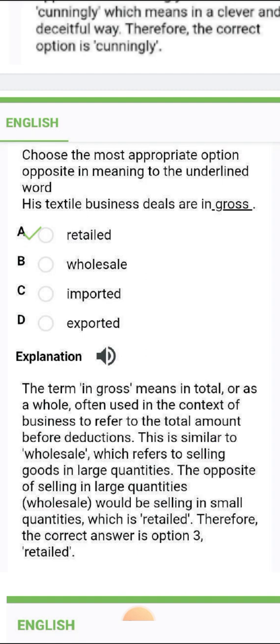It's very, very important. So the next one is engross. Gross means retained. That is the opposite. It's not the meaning, it's the opposite. The term gross means in total or as a whole, often used in the context of business to refer to the total amount before deduction.